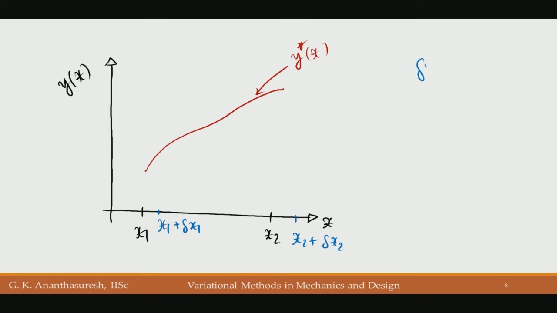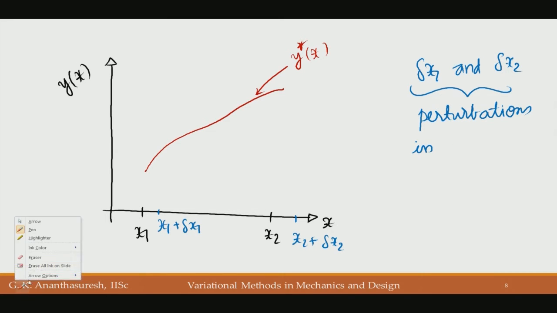So, delta x1 and delta x2 are perturbations given to the ends, which we do not know, that is why we need to do this.